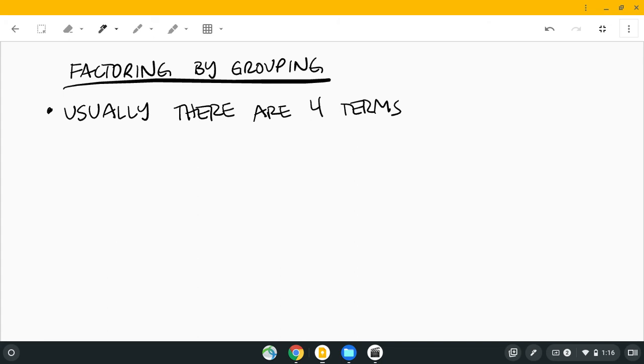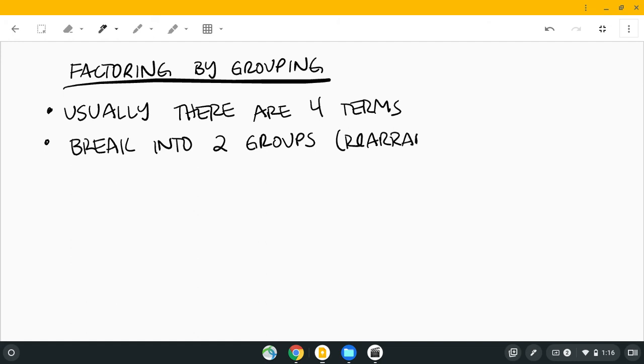And what you're going to do is break it into 2 groups. Sometimes there might be a situation where you need to rearrange the terms, if necessary.